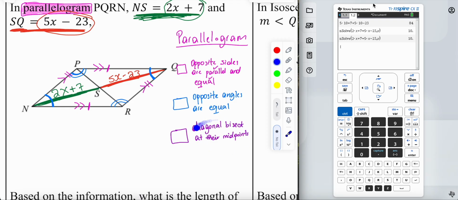Now we're going to talk about diagonals bisect at their midpoint. This line that connects the opposite vertices is called a diagonal. Even though it's NQ, NQ is represented by a diagonal. This is also another diagonal.